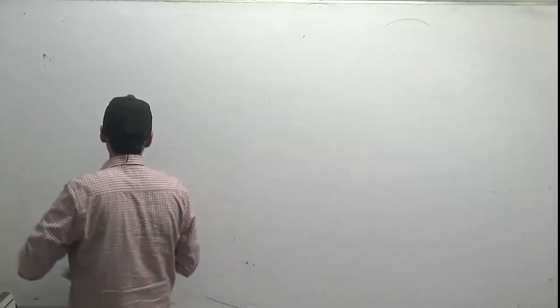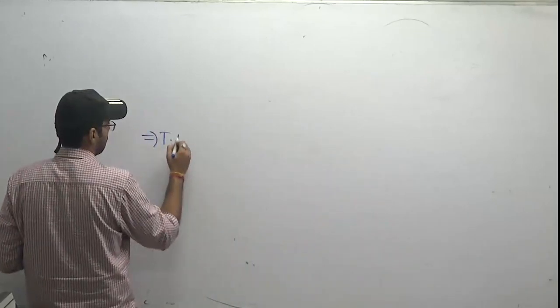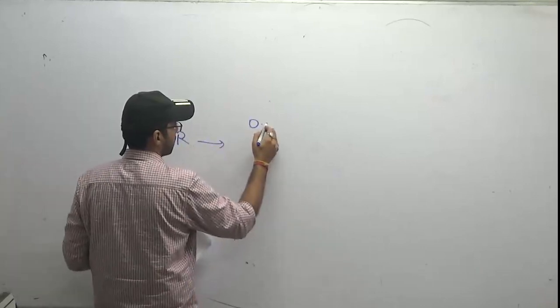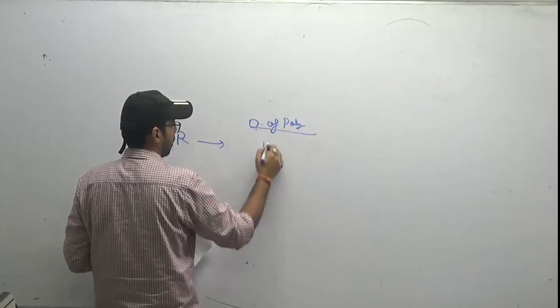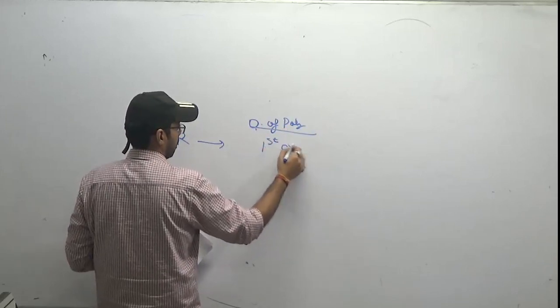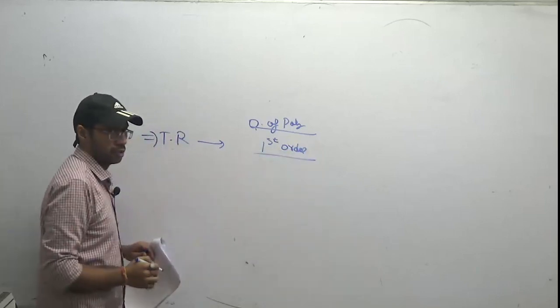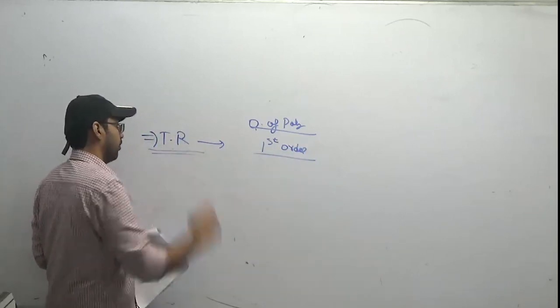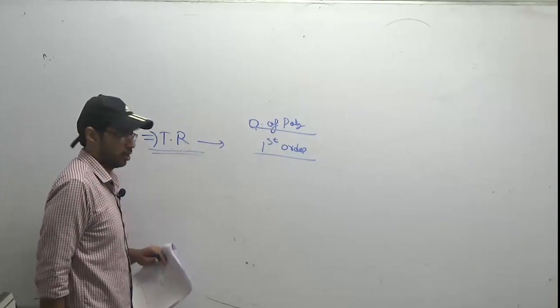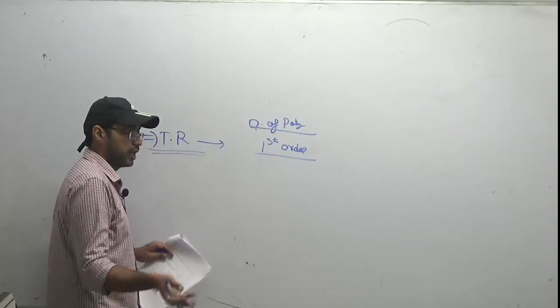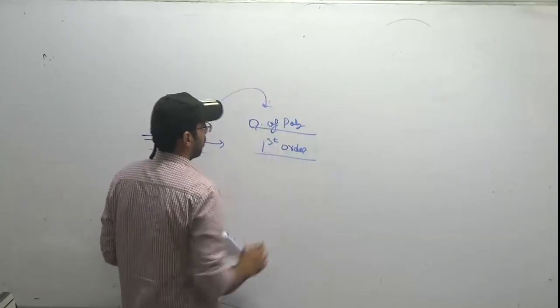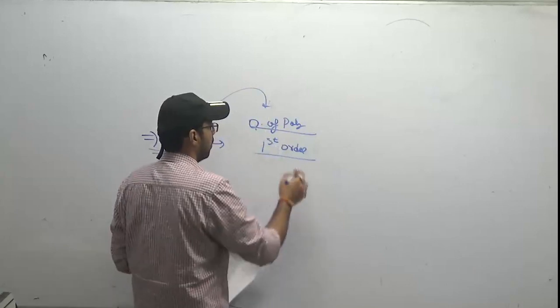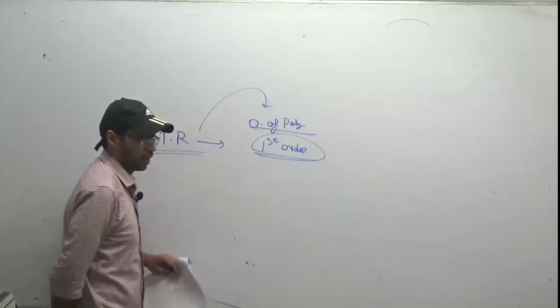They can ask you, in the trapezoidal rule, what is the order of polynomial. So a first order polynomial we are going to use in order to calculate the value of approximated integration. This rule is based on taking a first order polynomial.